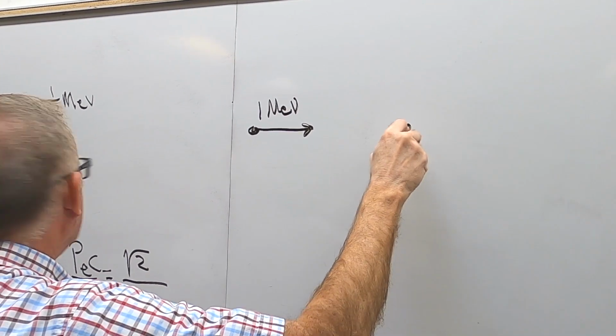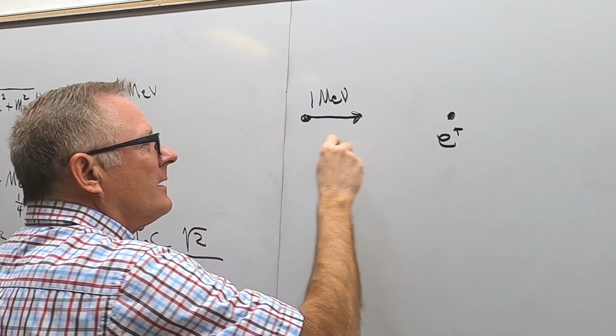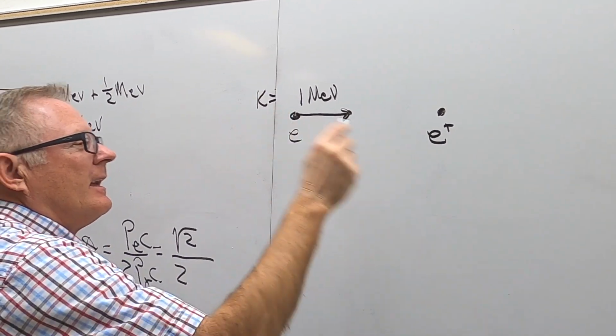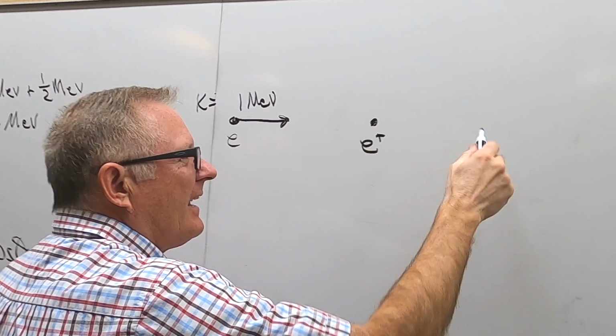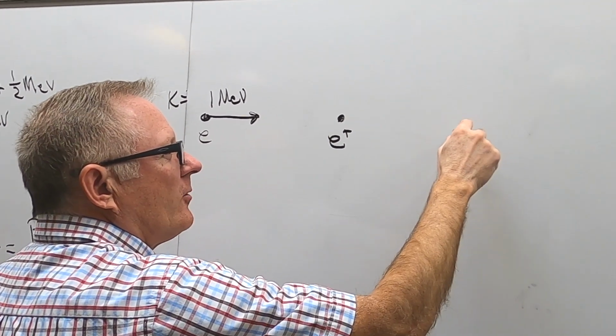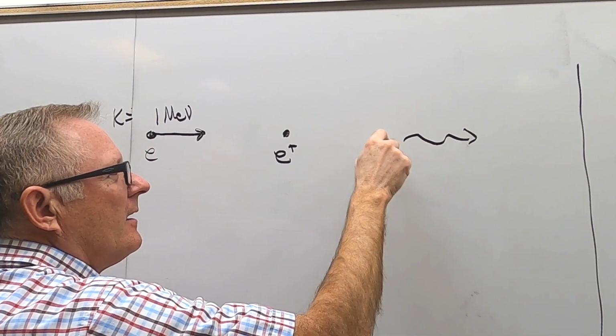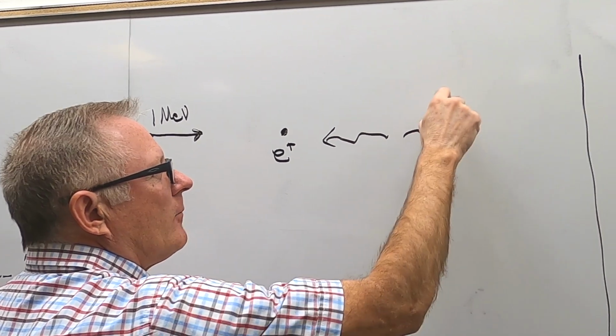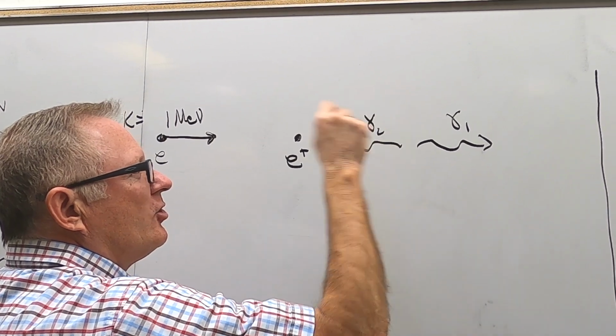Again, there's my positron, there's my electron, and this was the kinetic. Except when they collided and emitted their photons, one went this way and one went that way. So we'll call this gamma 1 and this gamma 2.